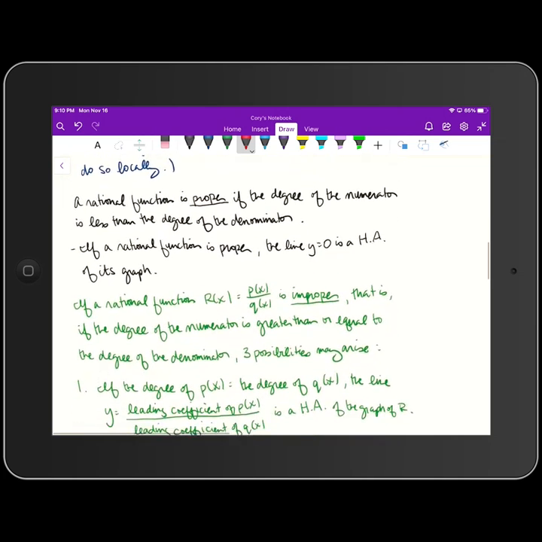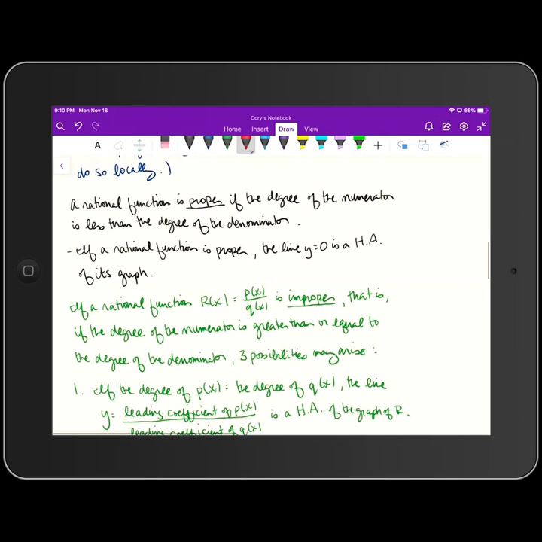Okay, so we say that a rational function is proper if the degree of the numerator is less than the degree of the denominator.